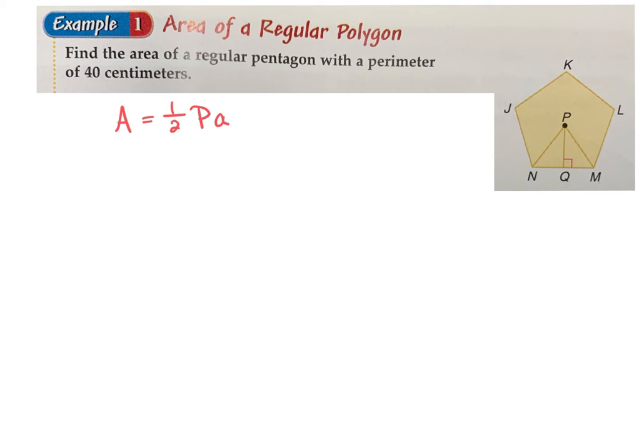If they've given me the perimeter, they have basically told me the side lengths. What are the side lengths of this if this is a regular polygon and my perimeter is 40 and I have 5 sides? It's going to be 8. So that means each length here is going to be 8. That means this length right here is going to be 4, because that apothem should cut it in half.